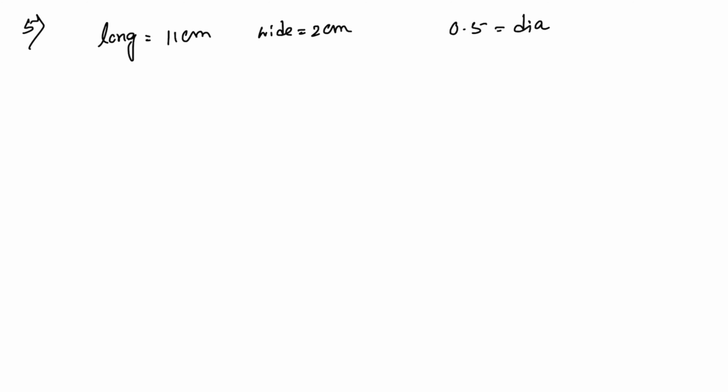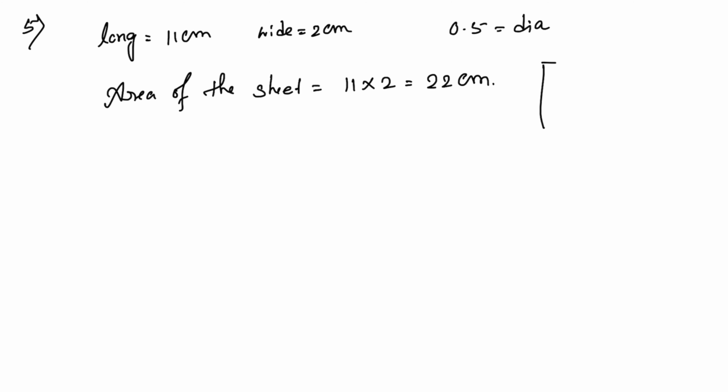First you have to find out the total area of the sheet. So area of the sheet equals 11 into 2, that means 22 centimeter square. Clear? Now as the circular piece is 0.5 centimeter in diameter, suppose this one is the sheet, that is 11, that one is 2, and this one is the circular disc.